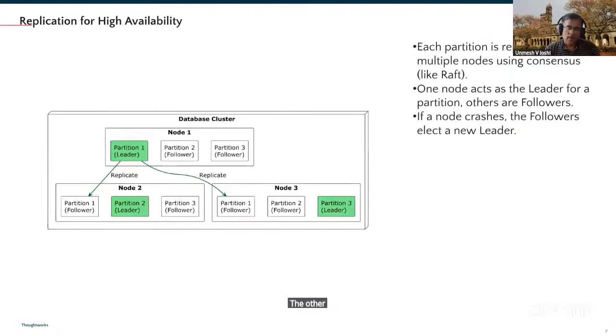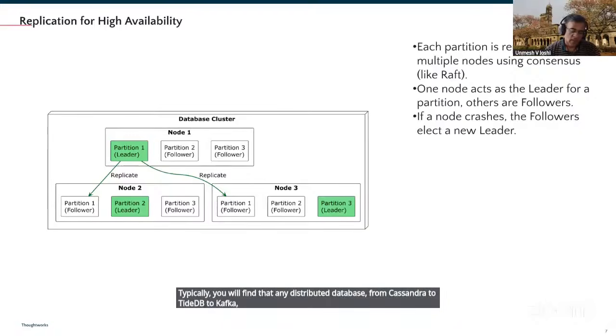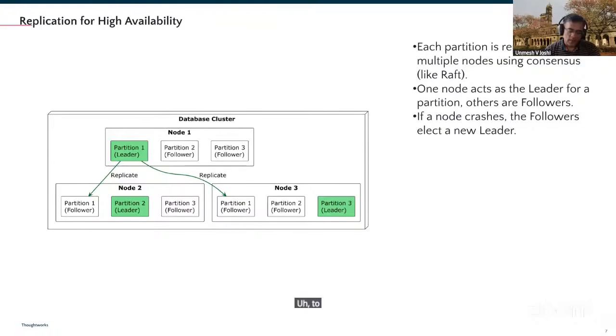The other important concern is that of replication. And typically, you will find that in any distributed database, from Cassandra to TiDB to Kafka, your partitions are never standalone. I mean, you will never have a single copy of any partition.